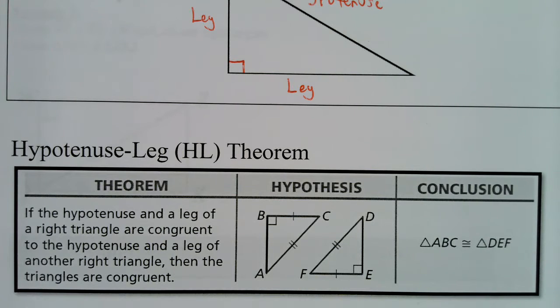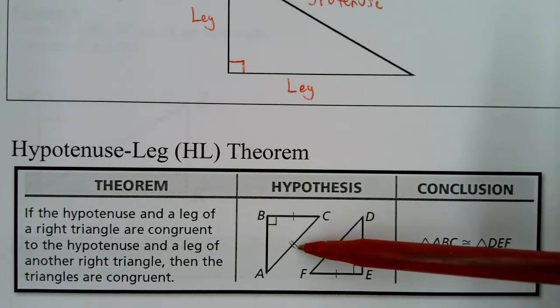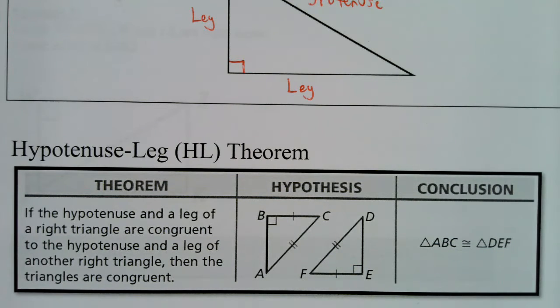So really, it's basically like you're doing side, side, side. Bottom line, if you have right triangles and you know that one leg is congruent to another leg and the hypotenuse is congruent to the other hypotenuse, then the 2 triangles are congruent by HL.